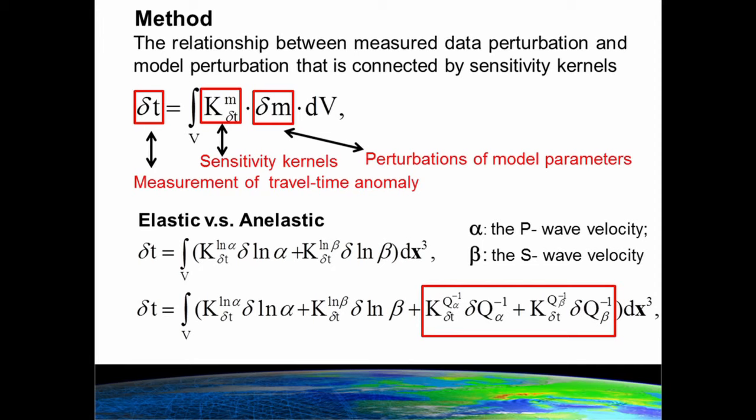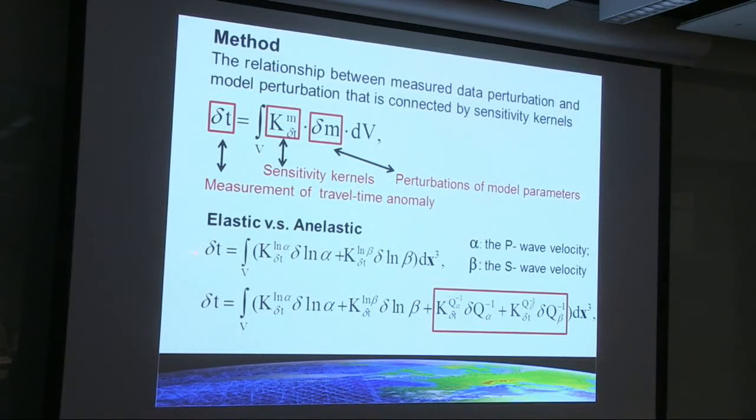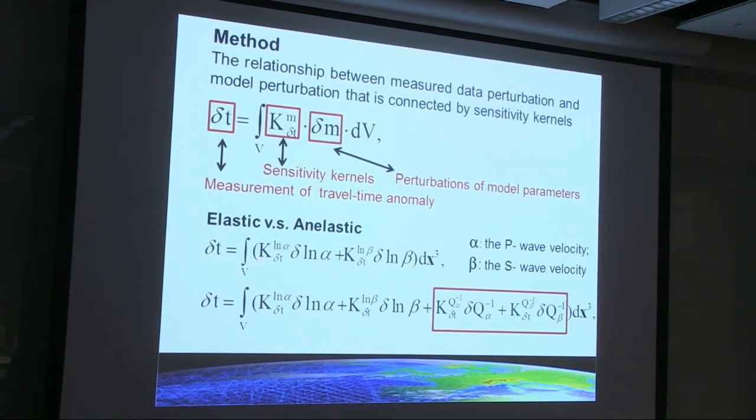It means the measurements of the travel time anomaly can be linearly related to the perturbation of the model parameters by sensitivity kernels. In the elastic model, the travel time anomaly can be calculated with this formula, where alpha is the P-wave velocity and beta is the S-wave velocity.